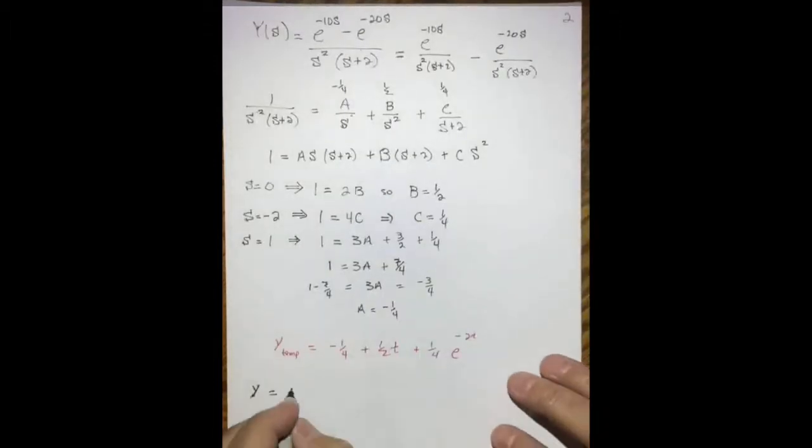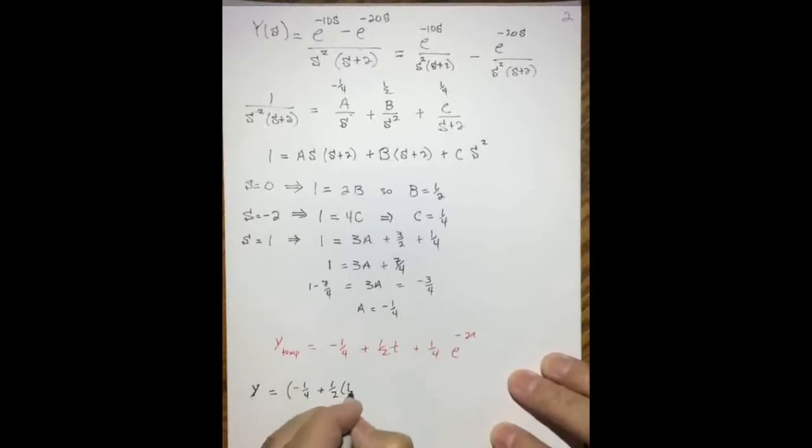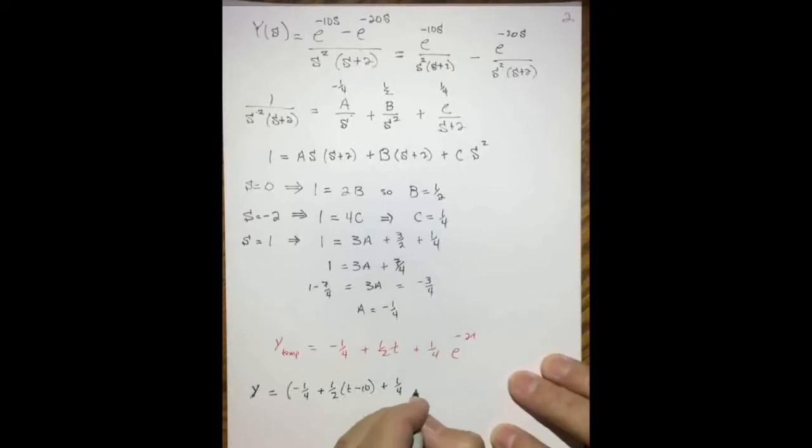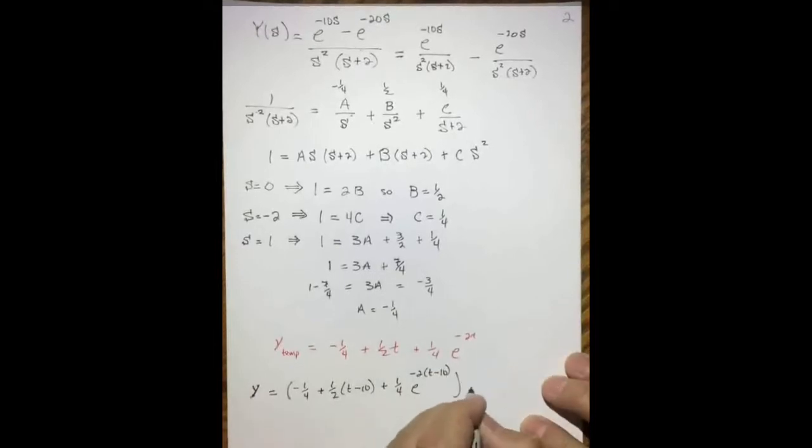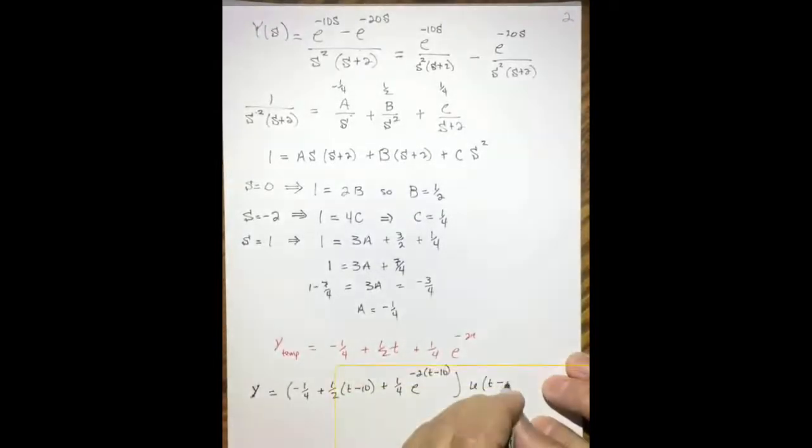All right, that means then I'm going to have a negative 1/4 plus 1/2 t minus 10 plus a 1/4 e to the negative 2 times t minus 10. And that's all stepped u of t minus 10.